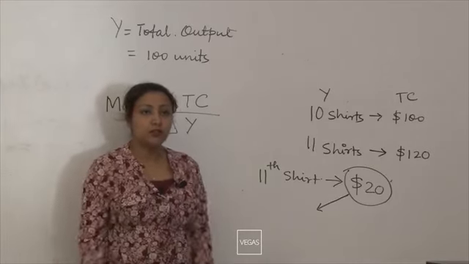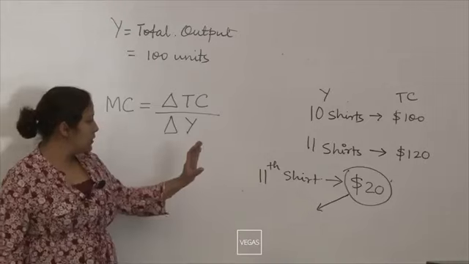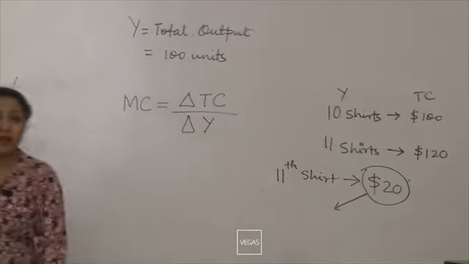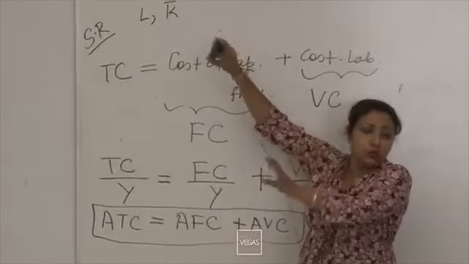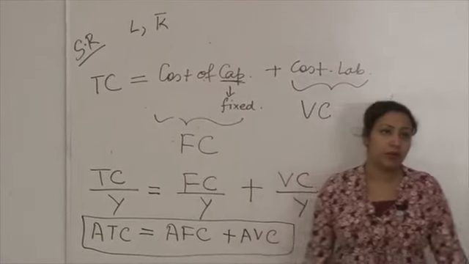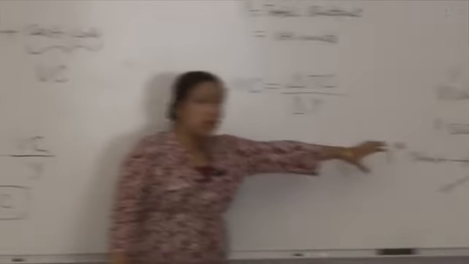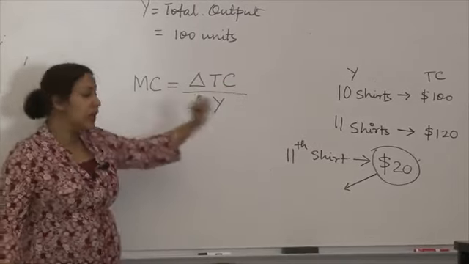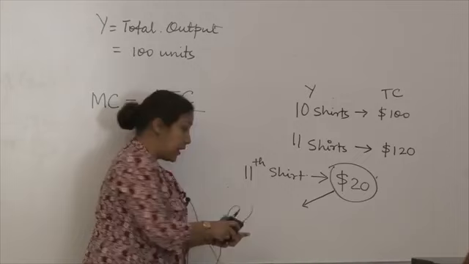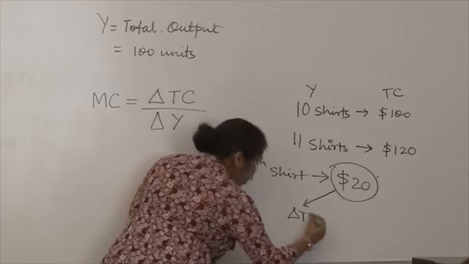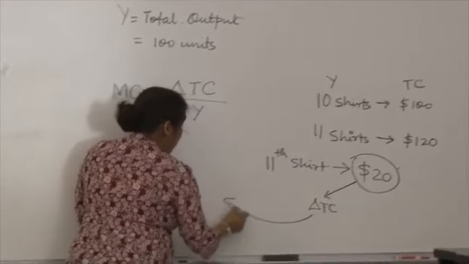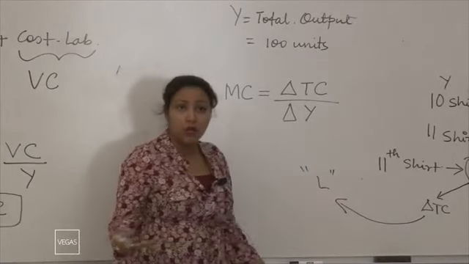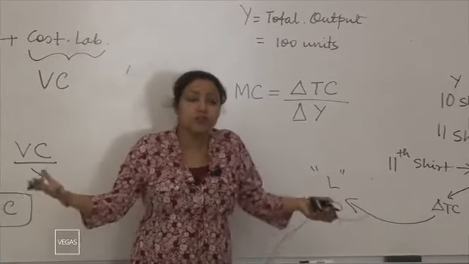So the $20 that has increased cannot be on account of capital in this case, because I have assumed that I cannot change the amount of capital. Whatever increase shows up must be because of labor. I agree that this is a change in total cost, but it has come from labor, on account of variable cost and not fixed cost, because fixed cost is fixed.